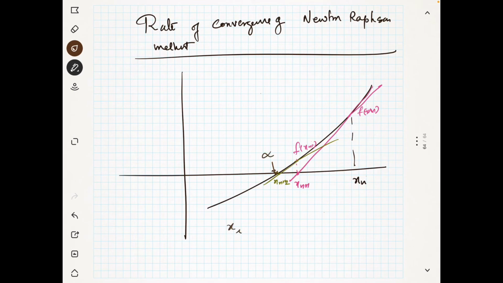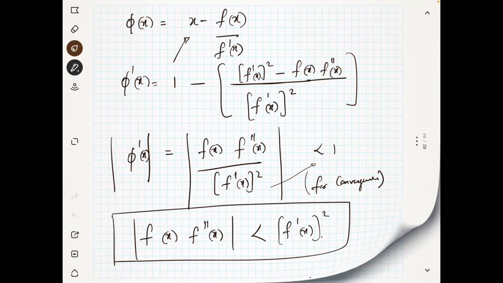So xn is very far away from the alpha. This much distance is there. So what is the error? What was the definition for the error I have used here?